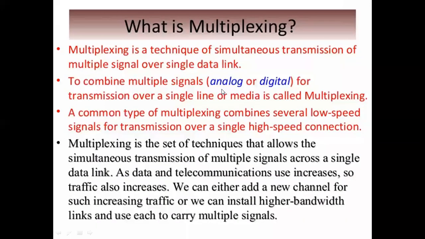To combine multiple analog or digital signals for transmission over a single channel or medium is called multiplexing. A common type of multiplexing combines several low speed connections over a high speed connection. So multiplexing is a set of techniques that allows the simultaneous transmission of multiple signals across a single data link.